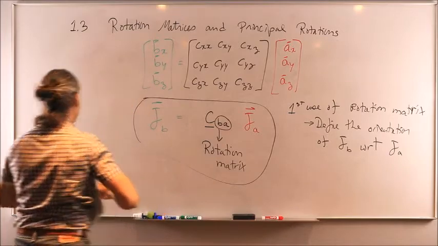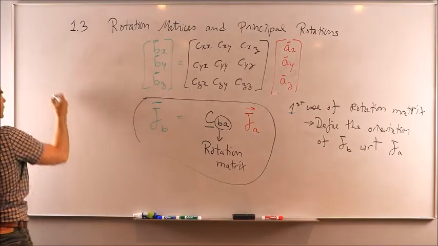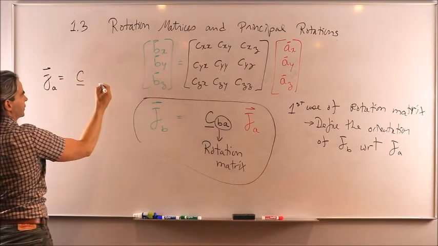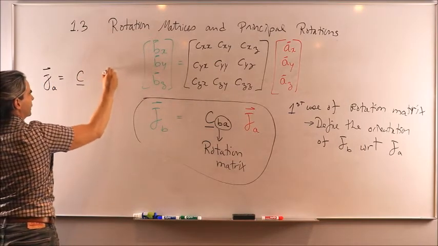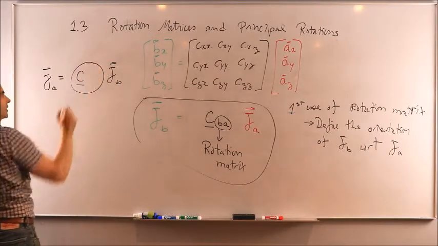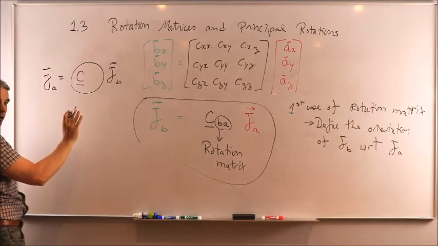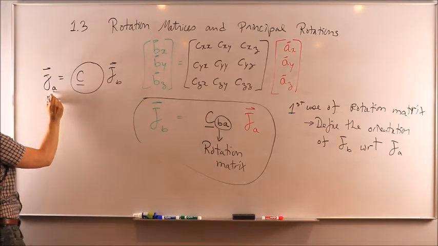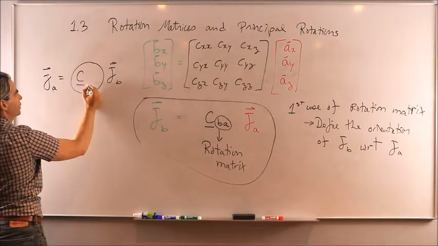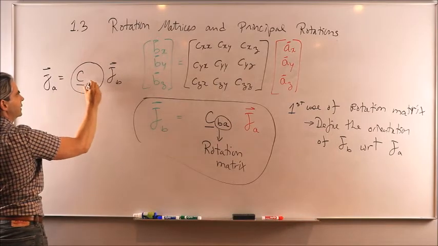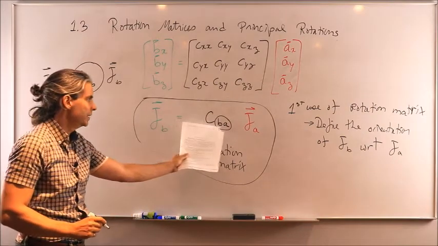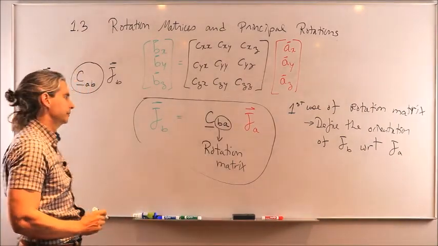Because if you had the other way around, reference frame A equal to a rotation matrix times reference frame B, the role of that rotation matrix would be to define the orientation of reference frame A with respect to reference frame B. In that situation, the rotation matrix would be labeled as CAB, as opposed to CBA in that particular example.